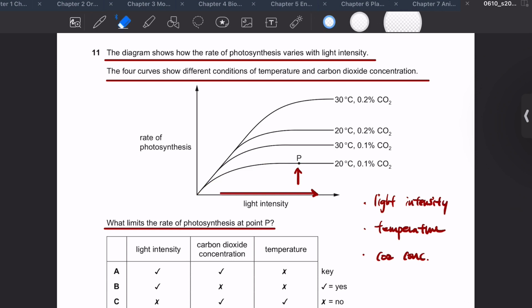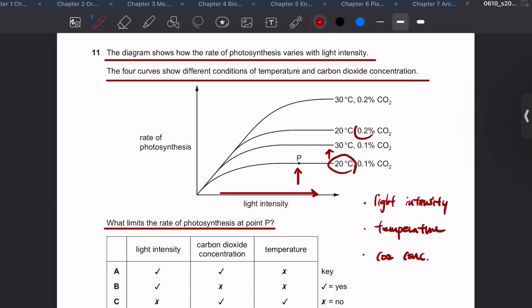If the temperature gets increased, the rate of photosynthesis increases a bit more than the bottom one. However, at the same level, the rate of photosynthesis is no longer increasing as well.